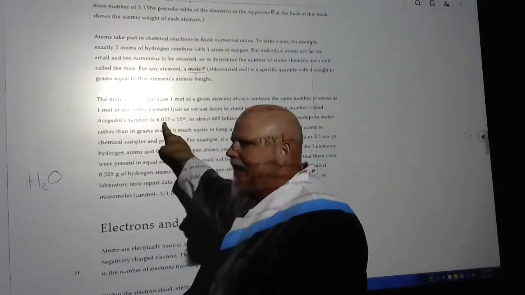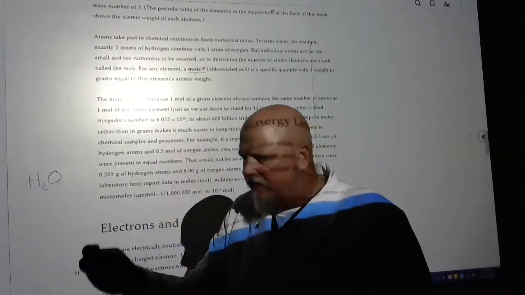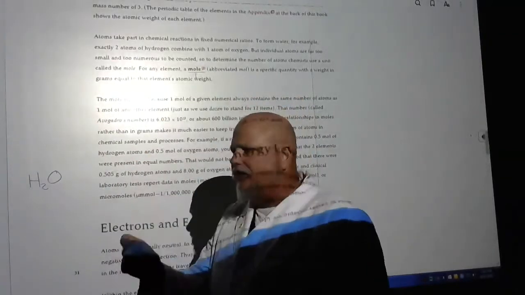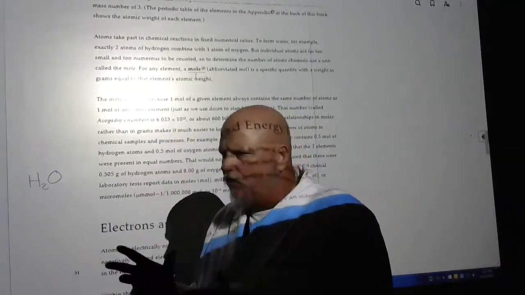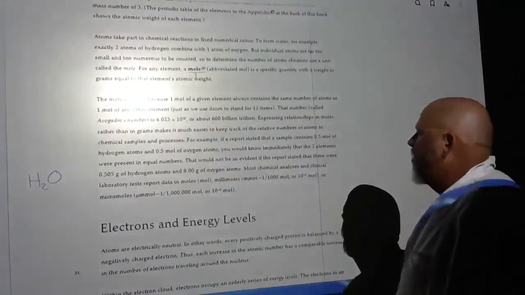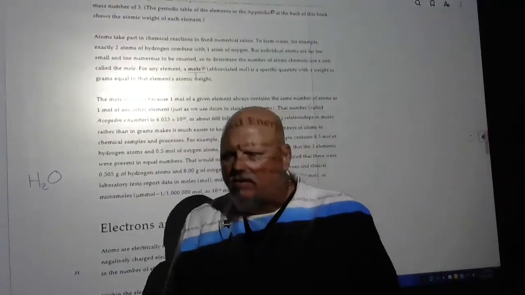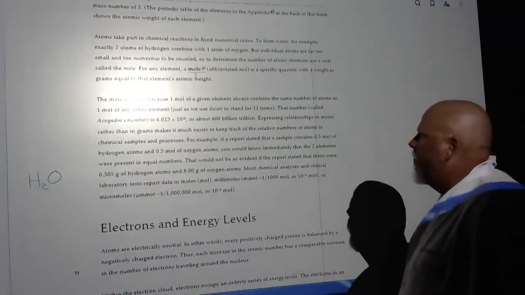Each element individually weighs a different amount, so if I take this number and multiply it by its individual amount, we get a different weight. That's why carbon, hydrogen, oxygen, and xenon all weigh differently. Remember, we're talking about protons and neutrons together. So Avogadro's number is 6.023 times 10 to the 23rd.